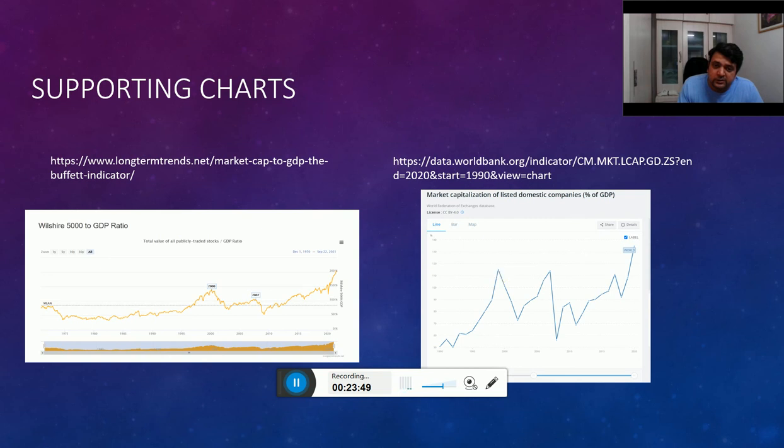Then it corrected back by 2002 or something to 70%, then rose again to 120%, then corrected back to 60% or something. This was 2008, and then it was steadily rising. It crossed the 100% somewhere in 2019 or something, and now in 2020 the market cap of the whole globe relative to the world GDP is 140%, so 1.4 times the world GDP.